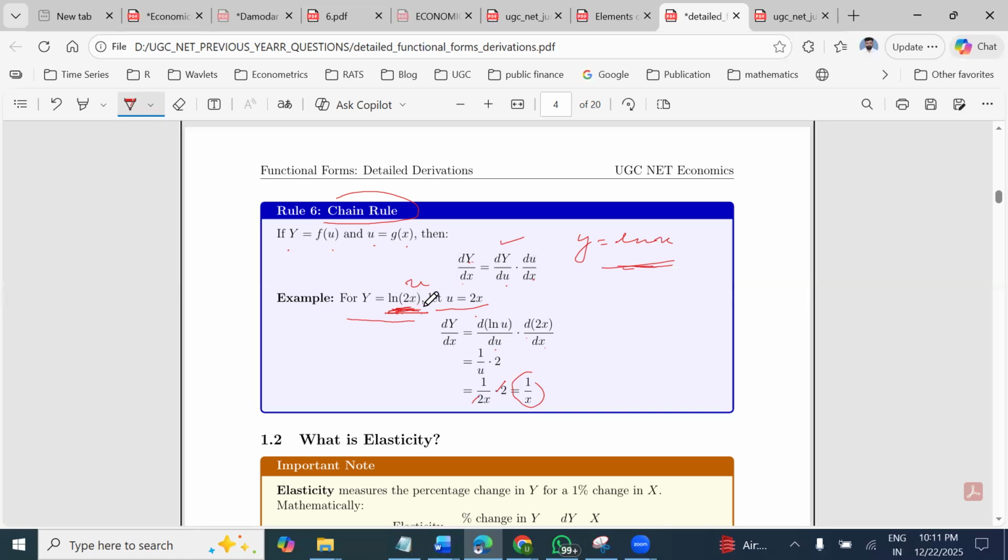You tell what Sangita asked, how we will identify that. If any function is given, then we take a factor, or basically a function, as suppose u. Let u equal to this function, then we can differentiate that function.